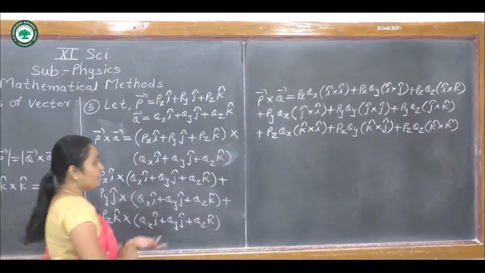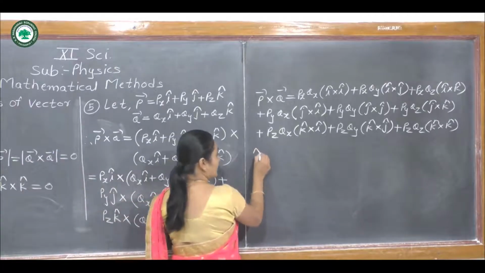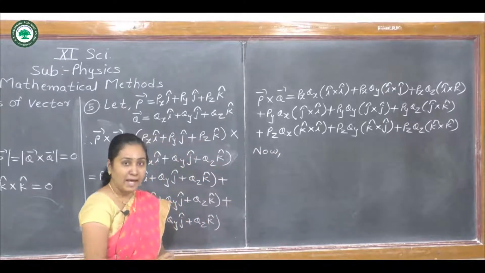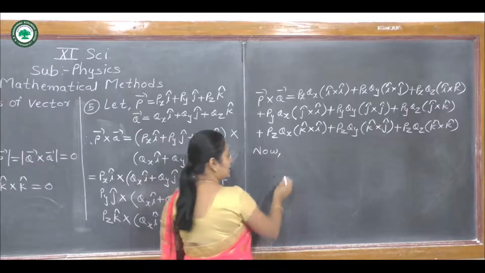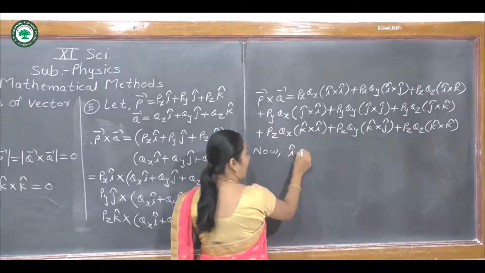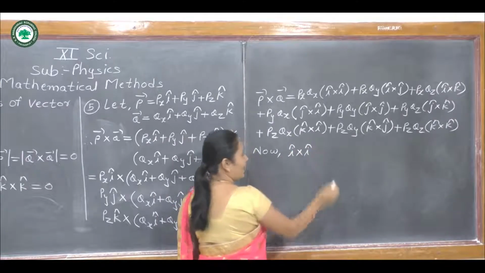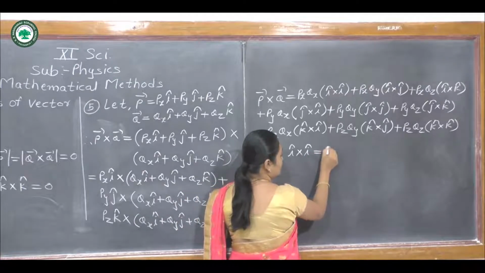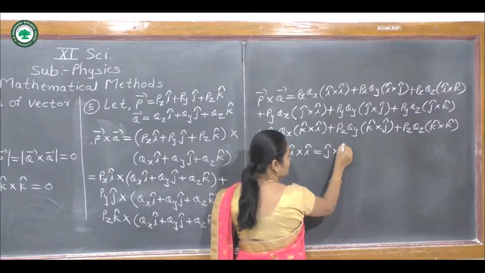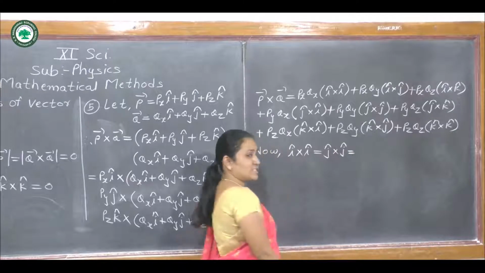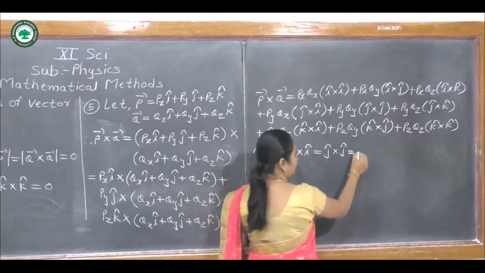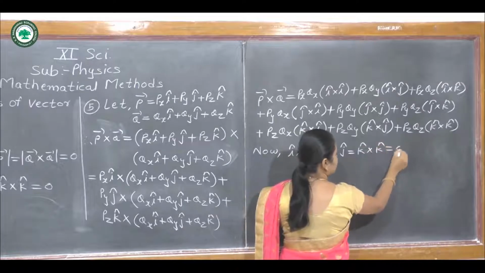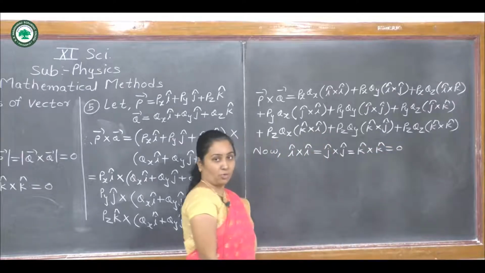Now we have studied in the characteristics of vector product that i cross i is equal to j cross j, which is equal to k cross k, and it is equal to 0.